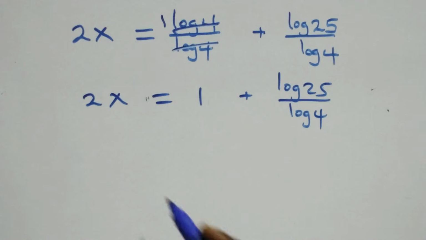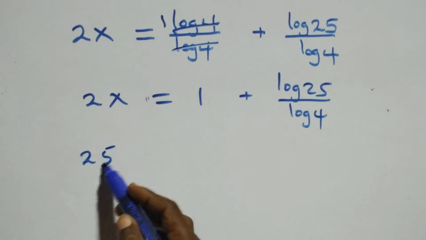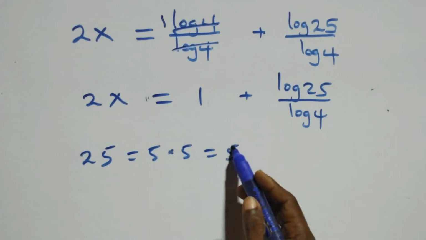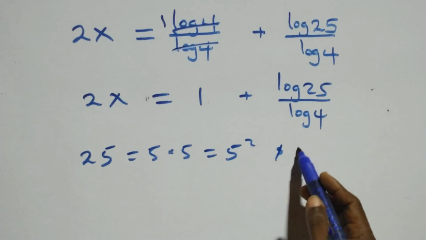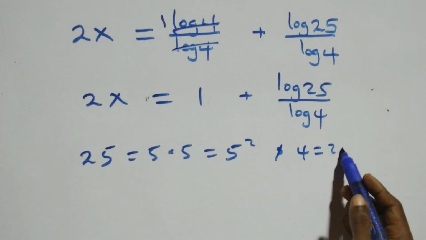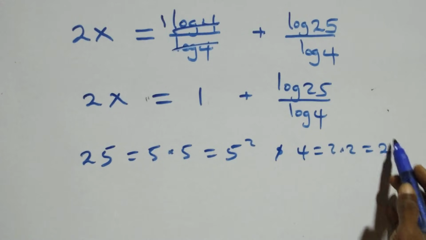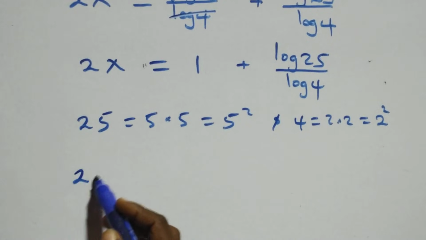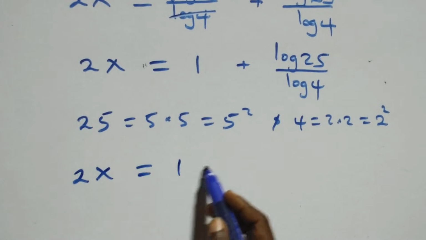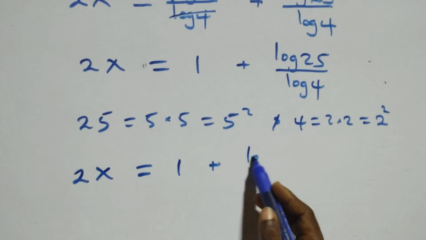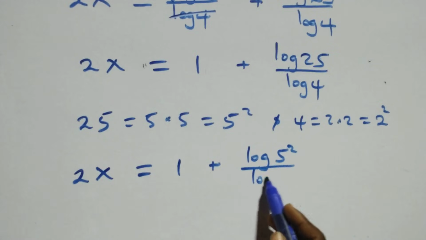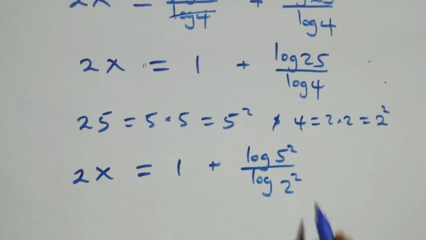Then, next step, 25 can be expressed as 5 times 5, which can be written as 5 squared. And also, 4 can be expressed as 2 times 2, which is the same thing as 2 squared. What we have becomes 2x equals 1 plus log 5 squared over log 2 squared.